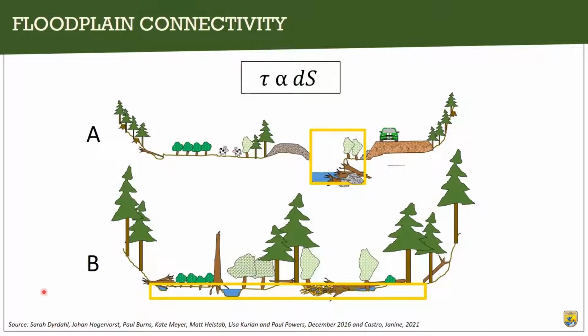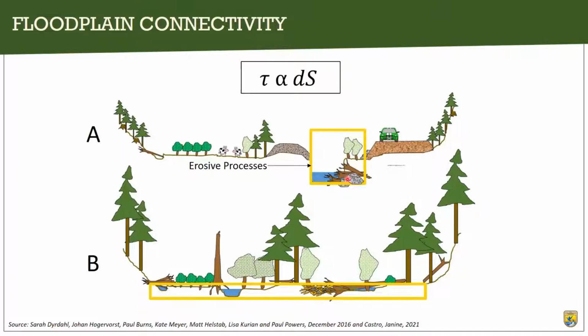But anyway, channel B is a system where the bankfull channel has been appropriately sized, and we have connectivity to our floodplain. So flows are allowed to spread across the floodplain. So in section A, we're going to have erosive processes. The deeper flood flows will have higher shear stresses and will lead to excess bank erosion, channel incision, and degradation, and eventually Rosgen type F and G channels.